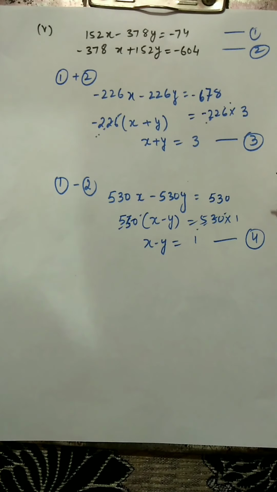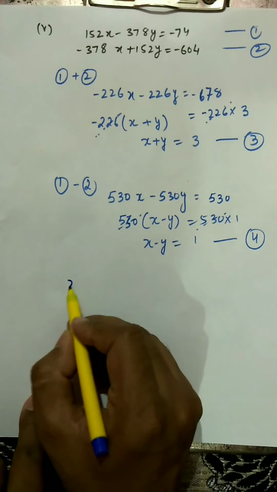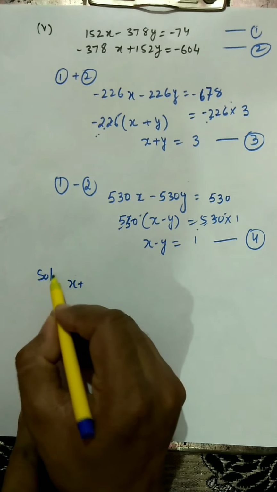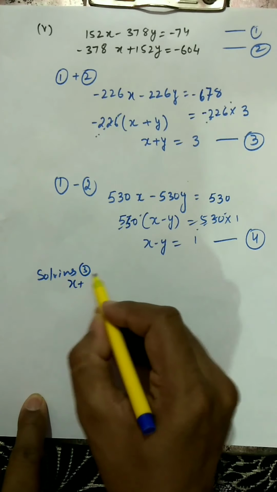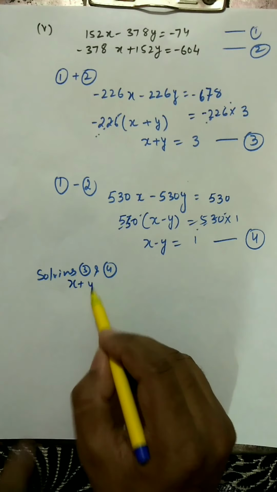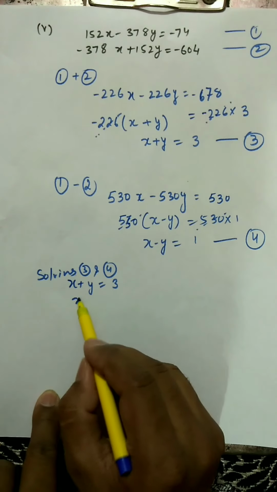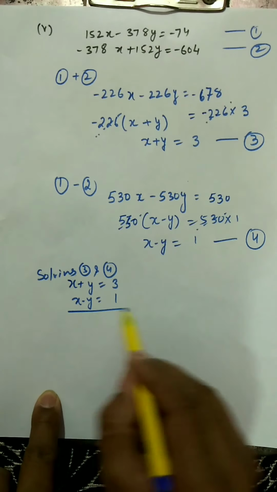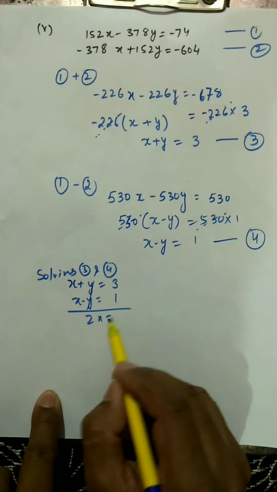So now this equation number third and fourth are to be solved, and it can be solved by any of the methods. And solving, we can write solving 3 and 4. Rather than solving 1 and 2, it's always better to solve 3 and 4. So x plus y is equal to 3, and this is x minus y equal to 1. You can simplify, this is 2x and this is 4.